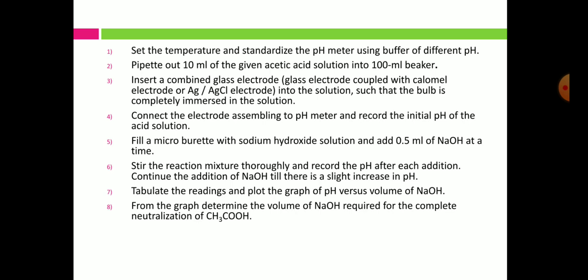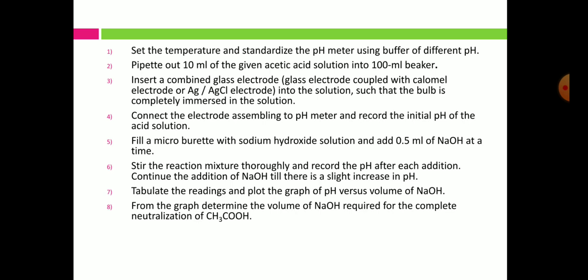We have to take the readings at every 0.5 ml addition of NaOH. How long do we take these readings? We take the readings up to that abrupt increase, and after that abrupt increase in the pH we have to take 4-5 more readings so that we can get a smooth graph, which will be used to locate the equivalence point.